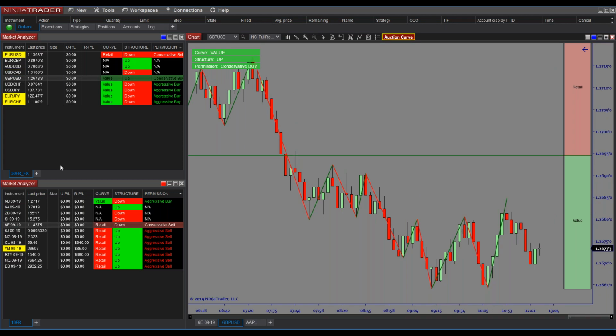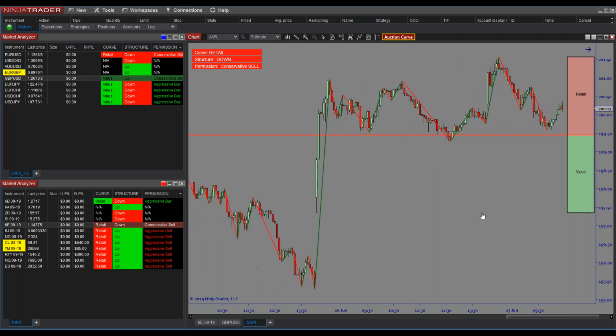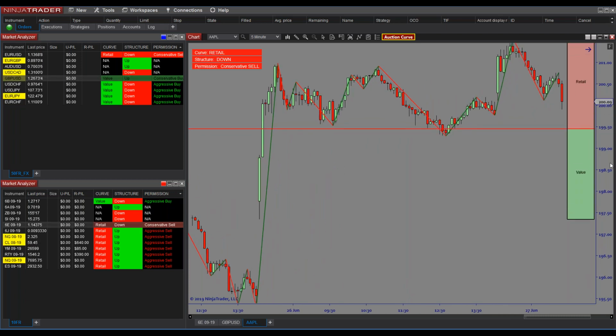You can scan any market that you want. If you wanted to do Apple, Apple right now on a 5-minute chart is in expensive territory, and it's got structure to the downside. In fact, Apple today, off the open, closed down in expensive territories.